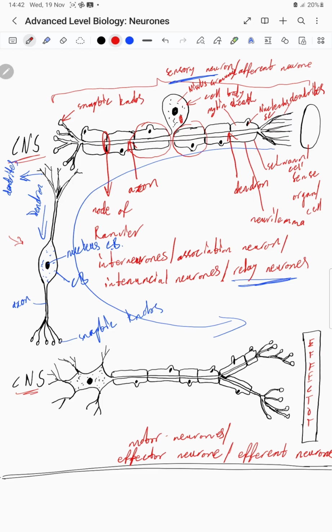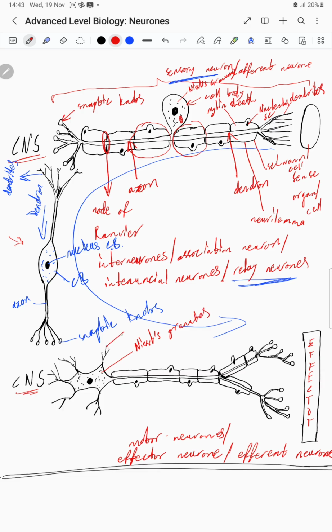Right, so let's look deep into it one last time. They're just neurons, so it's basically the same, but you can see the position of the cell bodies. Let's first label this one, then we can comment on the differences.